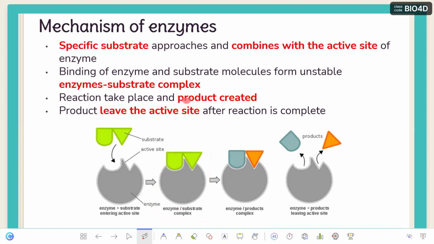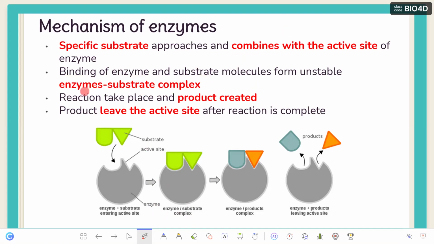Now after they combine, or you can say they bind, the binding of the enzyme and substrate will form an unstable molecule called the enzyme substrate complex. This complex exists for a very limited time, just for a while.